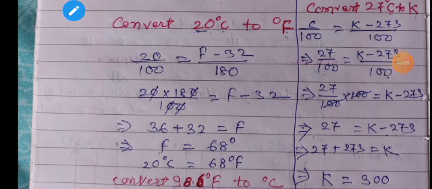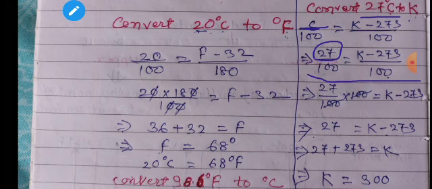Here students, we are going to convert 27 degrees Celsius into Kelvin. So instead of C, we'll put its value and write 27. After putting 27 instead of C, we get the equation 27 by 100 is equal to K minus 273 by 100.